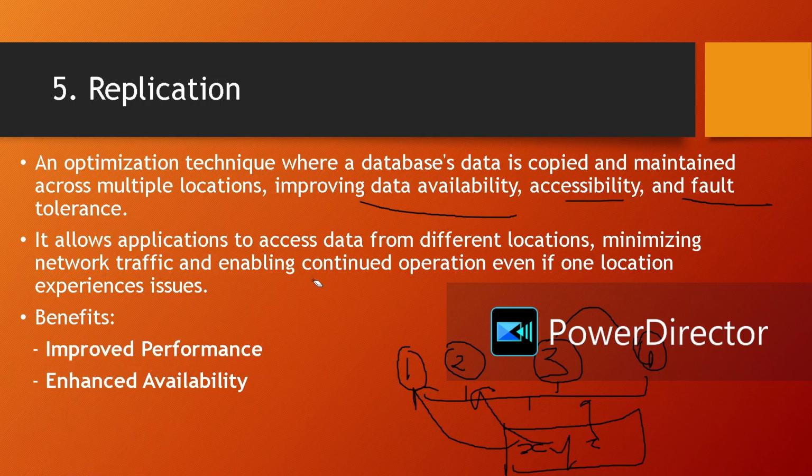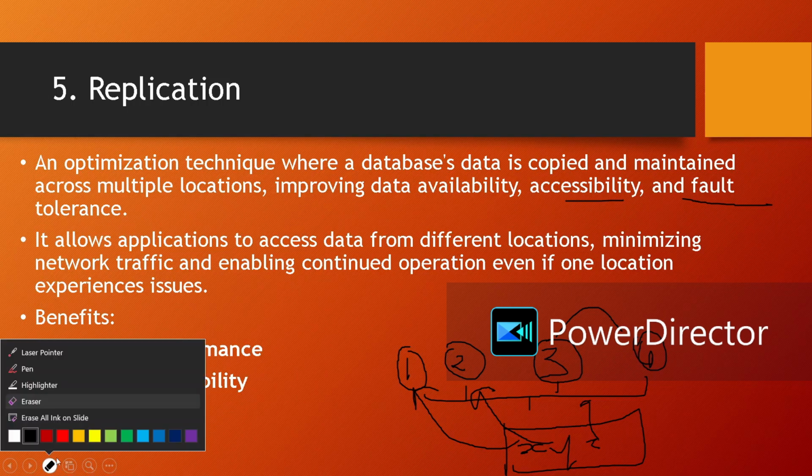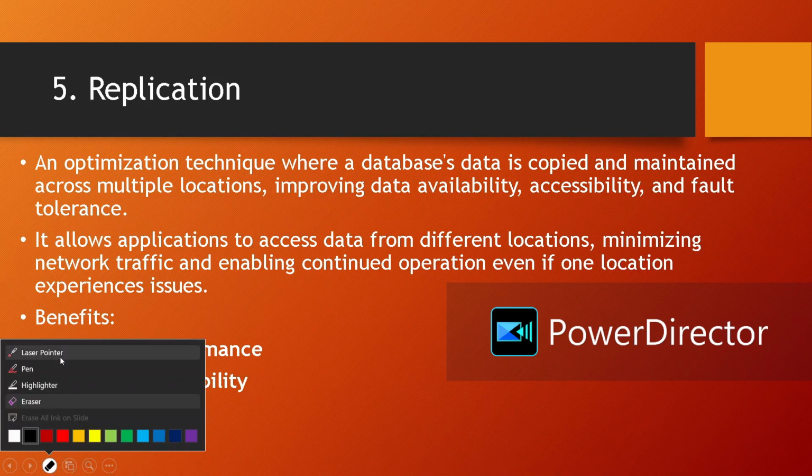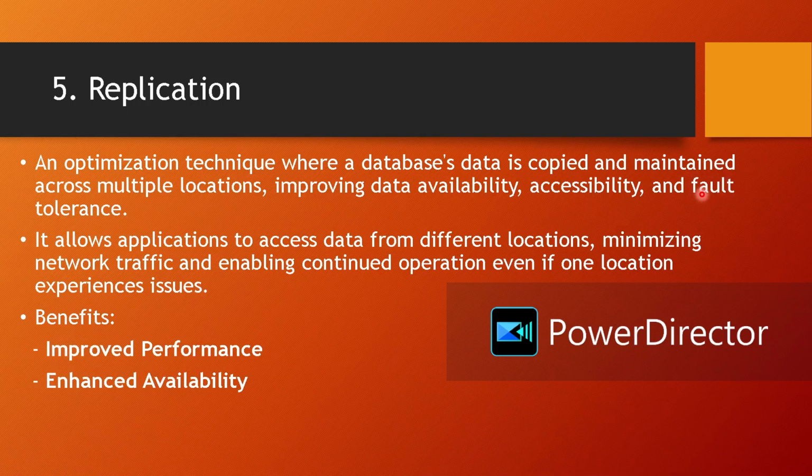Now, what do we mean by fault tolerance? Fault tolerance is nothing but this: if there is a fault in the database or in the system, the replication tolerates the fault. It just copy pastes the values as they are and does not change anything.